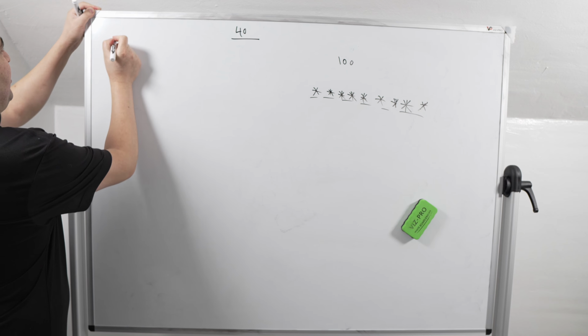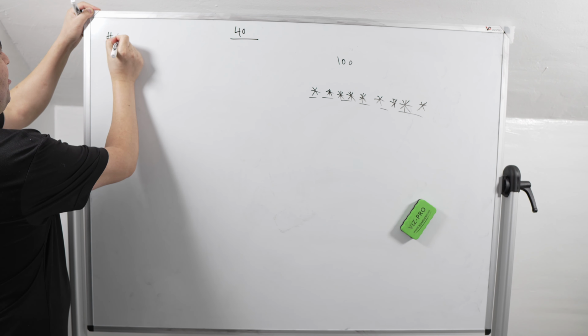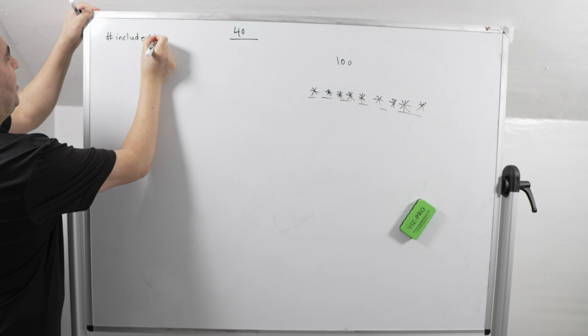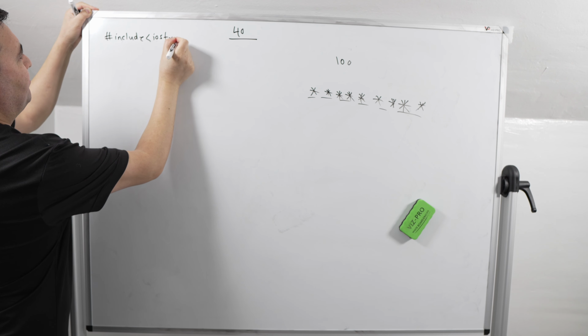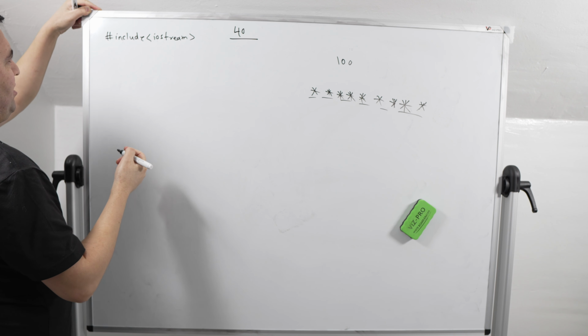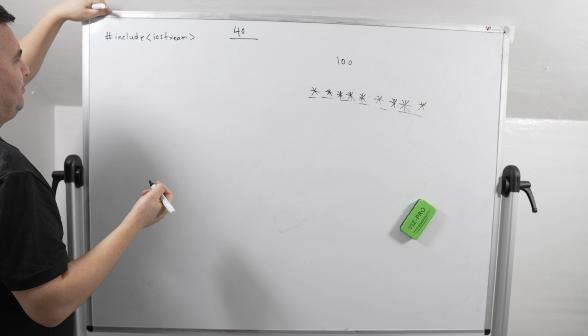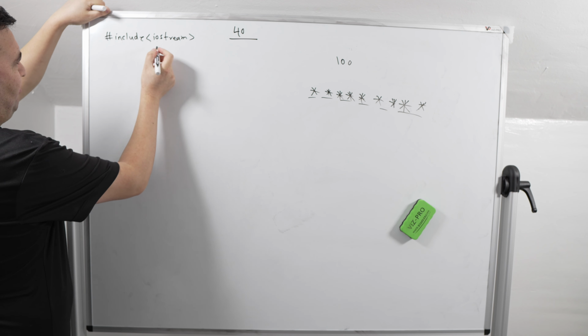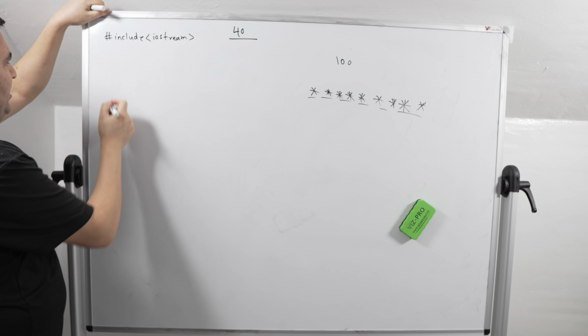First we need to include our iostream library, because we use cin and cout. We ask the user to enter an input and we print out that one, so definitely we need the iostream library.